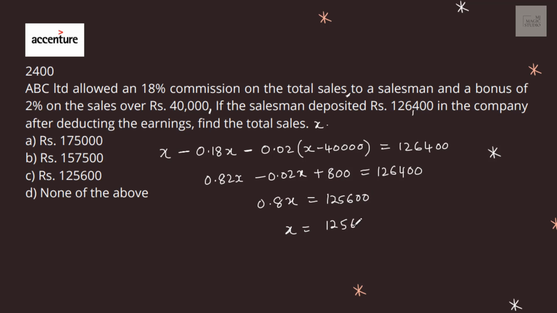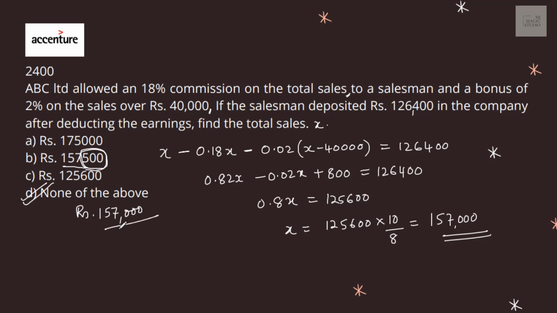So x is 125,600 into 10 by 8, which will give us 157,000. So total sales to the company is 1,57,000. One option is 1 lakh, but another is 1,57,500. So the answer would be none of the above, because the correct answer is rupees 1,57,000.